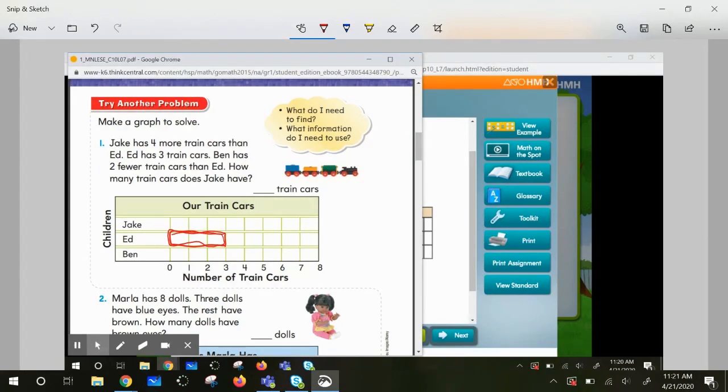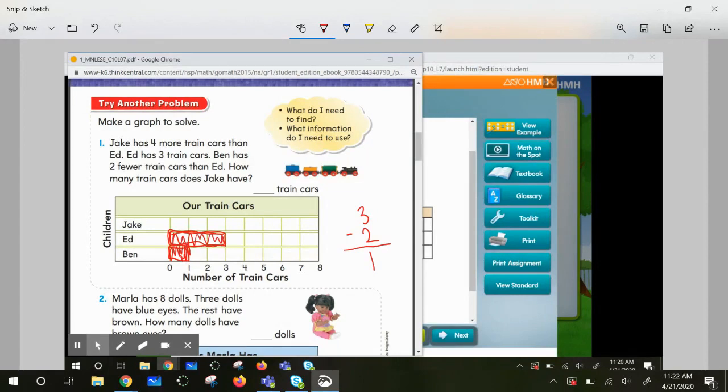So he's the only one that we have definite answers about. Then Ben has 2 fewer train cars than Ed. Well, if Ed has 3 and Ben has 2 fewer, then we're taking away 2. 3 minus 2 equals 1. So Ben has 1 train car.